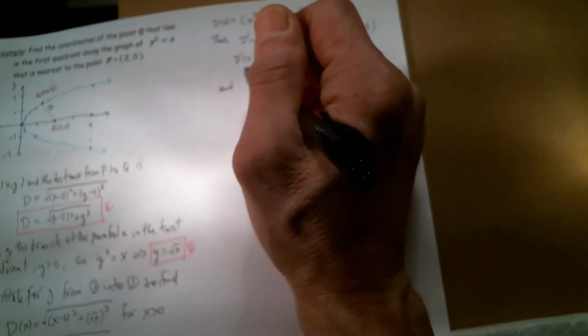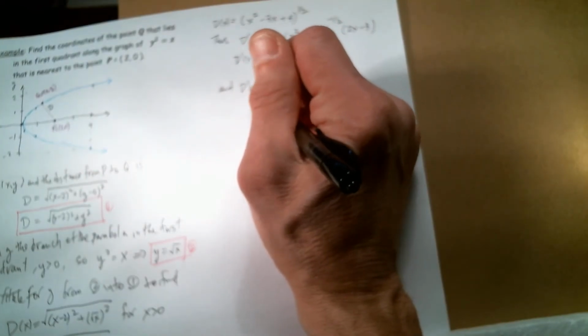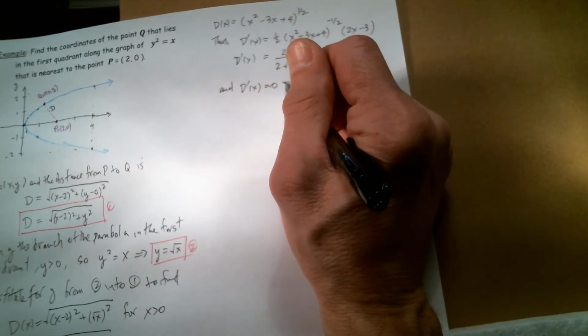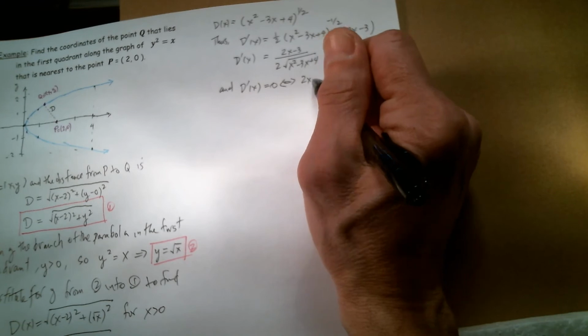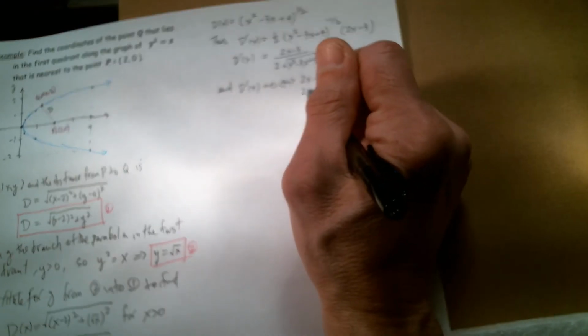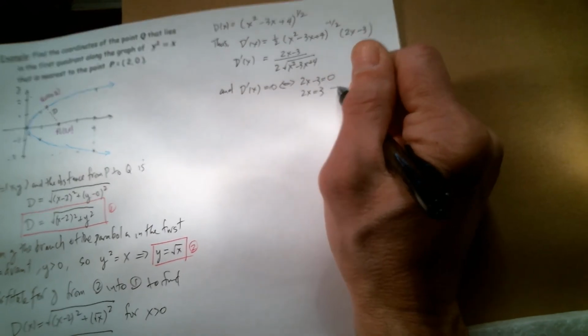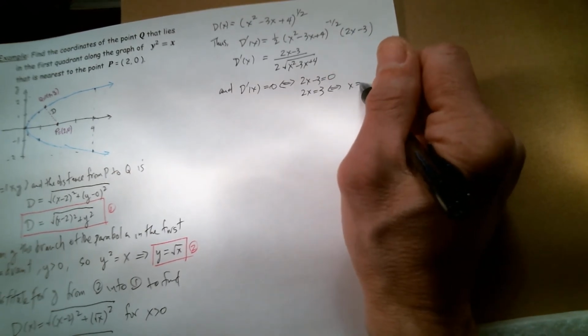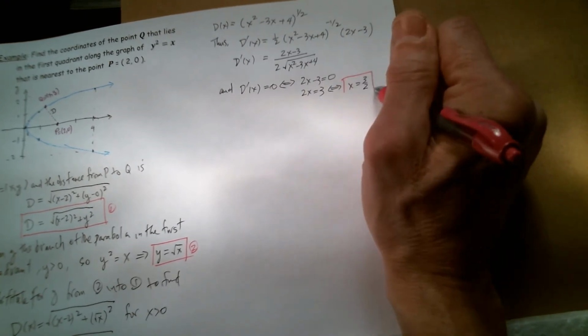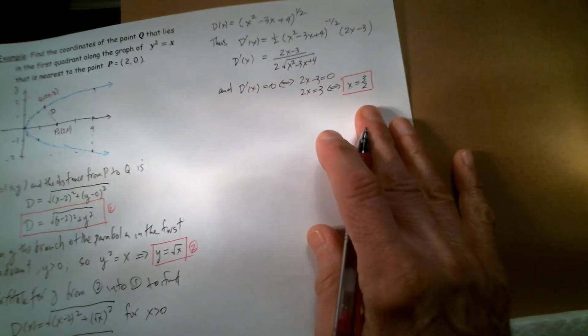And therefore, the only critical number would occur when the numerator is 0. And of course, that means that 2x minus 3 is 0, 2x is equal to 3, or x is 3 over 2. Okay, so 3 over 2, therefore, is going to be our only critical number for this distance function.